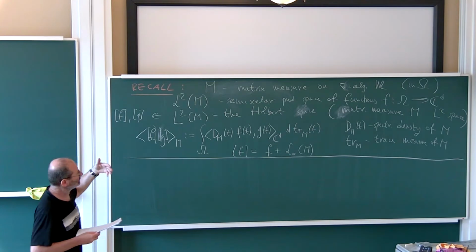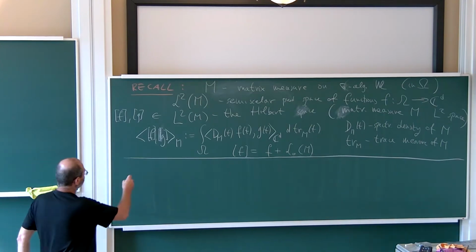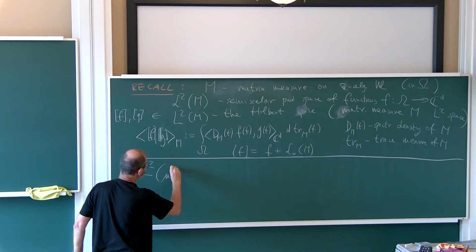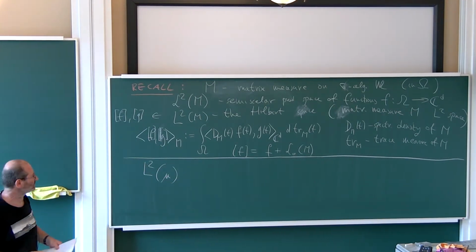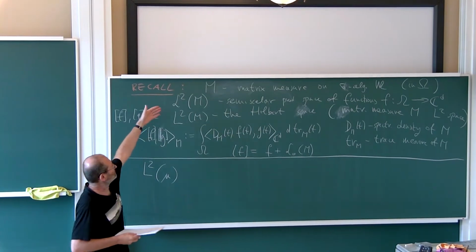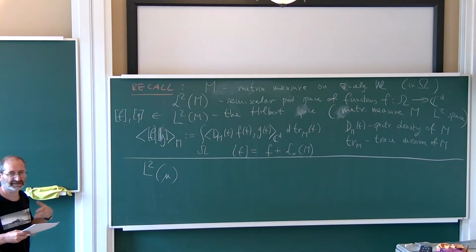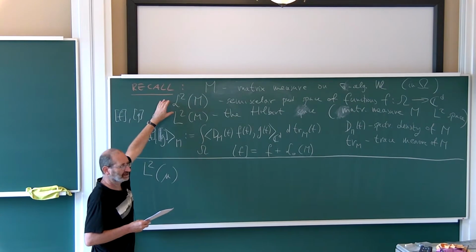So this is the standard construction, similar to the construction of L2 spaces for measures. But for measures, we usually do not distinguish between this and this by tradition. And here we distinguish everything because this is quite delicate.